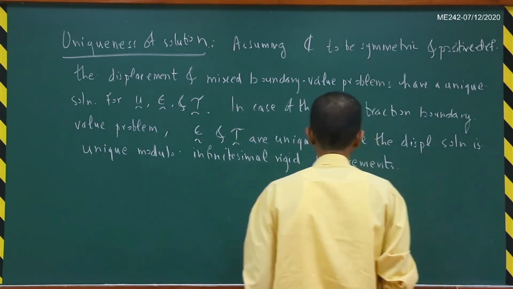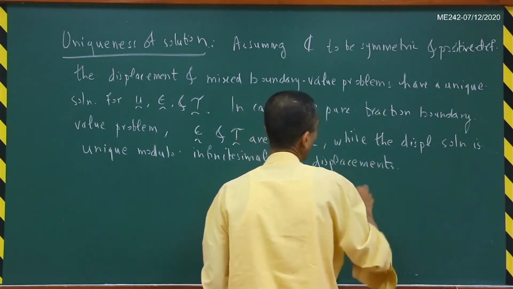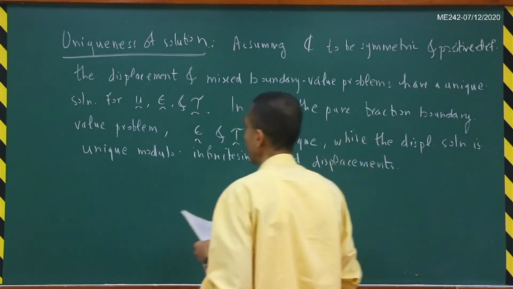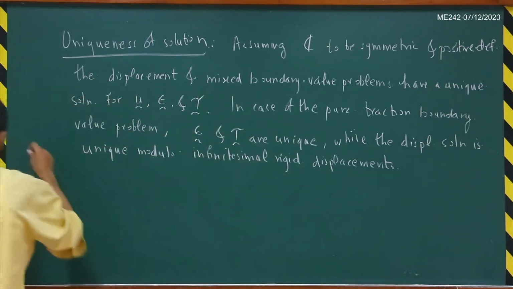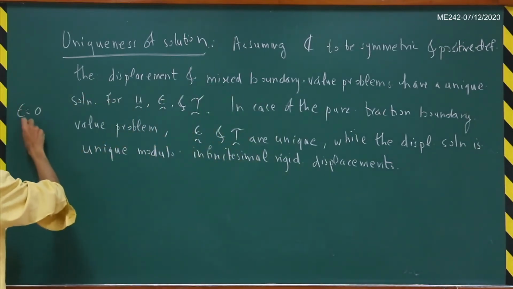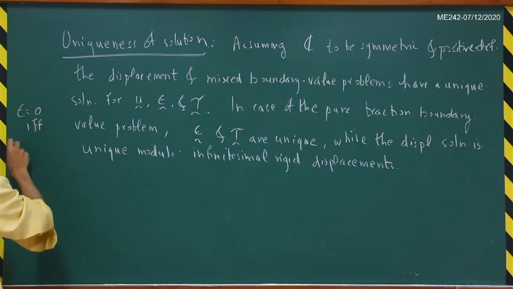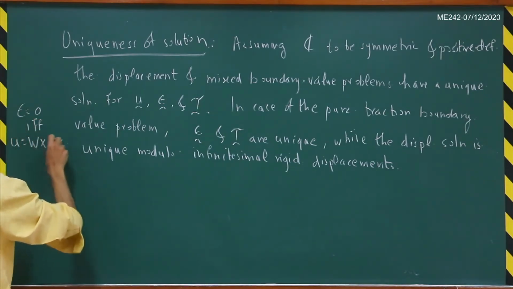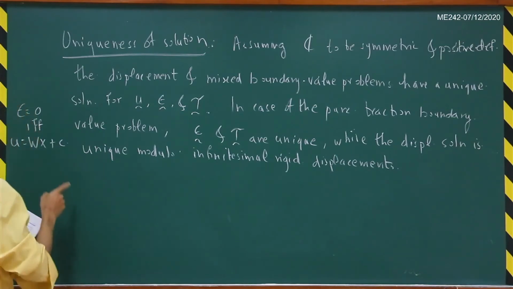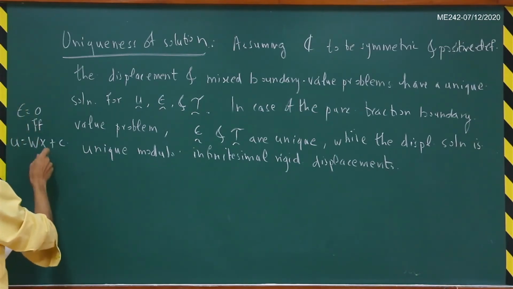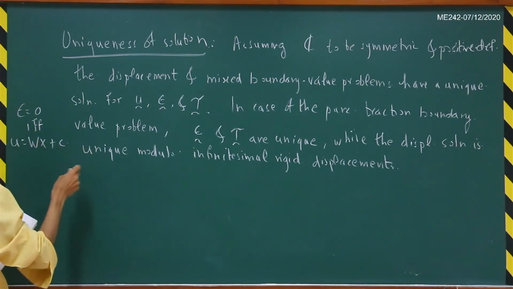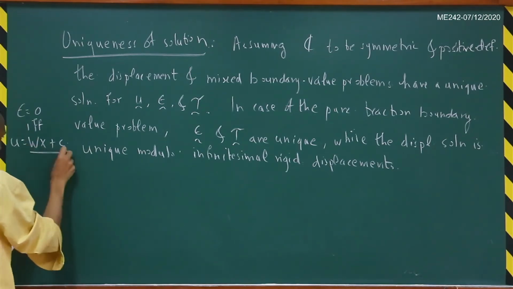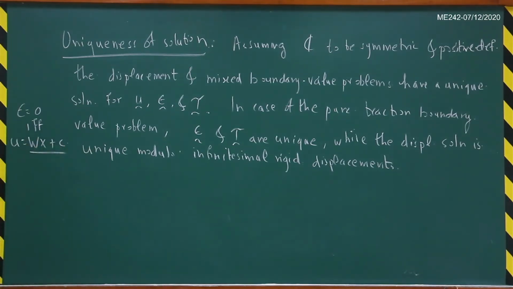So basically, what do we mean by this infinitesimal rigid displacement? We have seen that epsilon equal to 0 if and only if u is equal to W x plus c. Correct? So that we have already seen. And what we mean by this infinitesimal rigid displacement is this particular form which leads to zero strain basically.